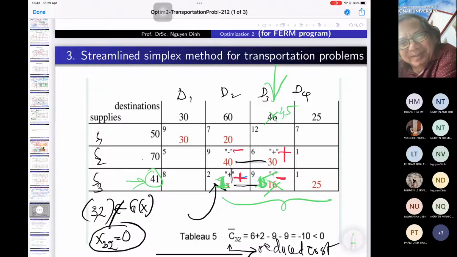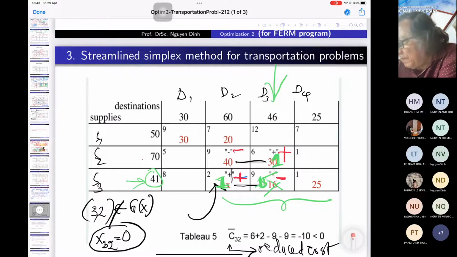Not enough. So you have to plus 1 here. I reduce this 1, but I move 1 to this. I reduce this to 15, and I take the 1 and put it to 30 and it becomes 31. And then everything is okay.